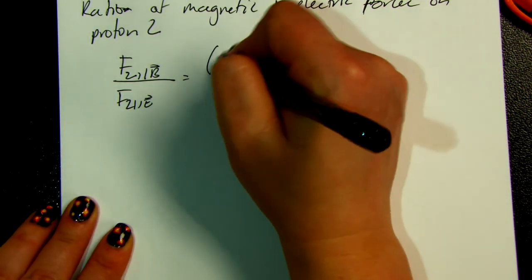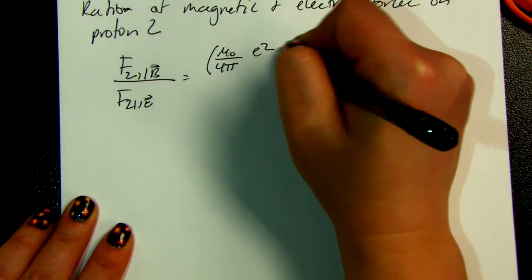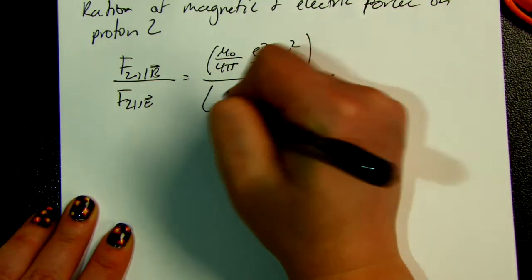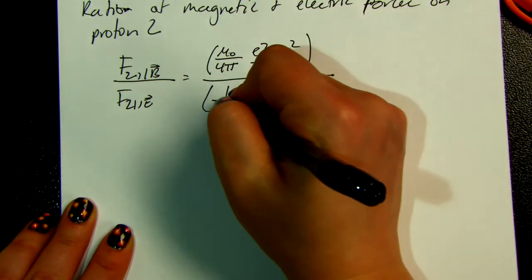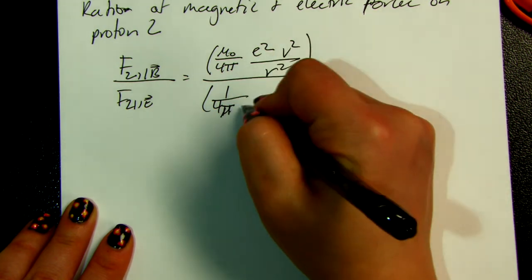is equal to mu naught over 4 pi E2 V2 over R squared divided by 1 over 4 pi epsilon naught E2 over R squared. That's a pi, not a mu.